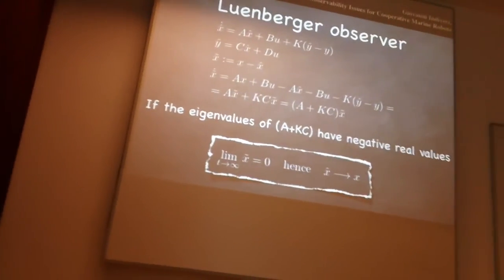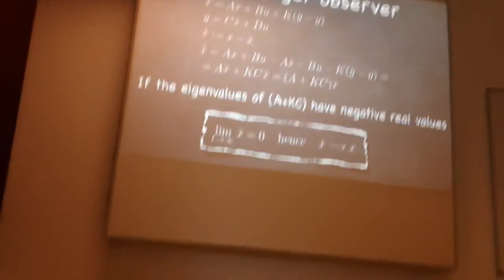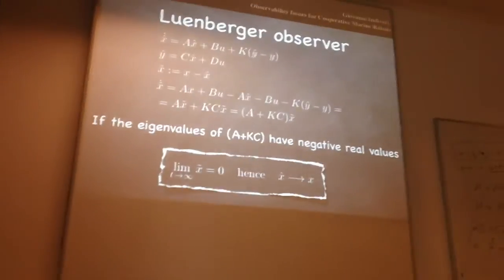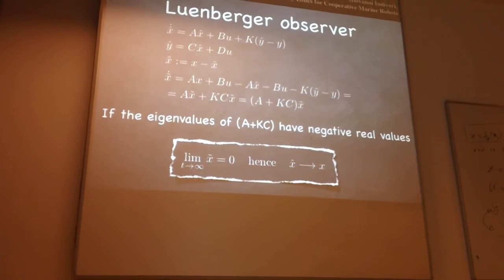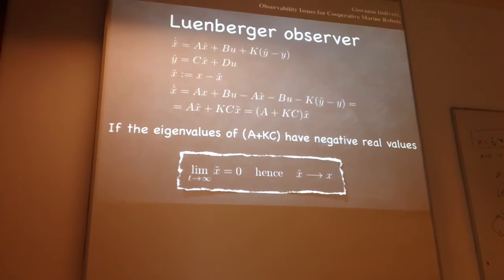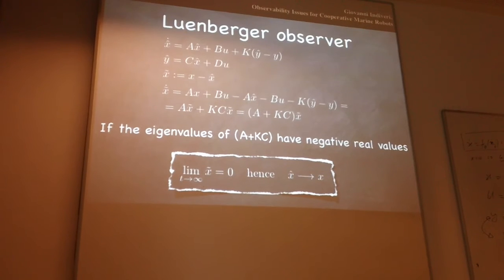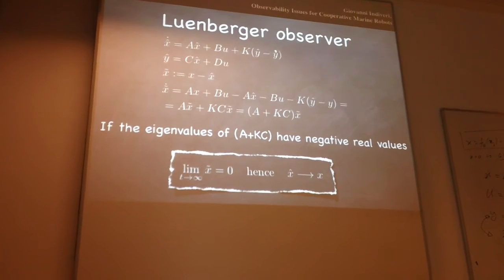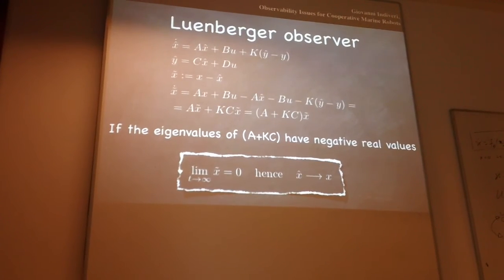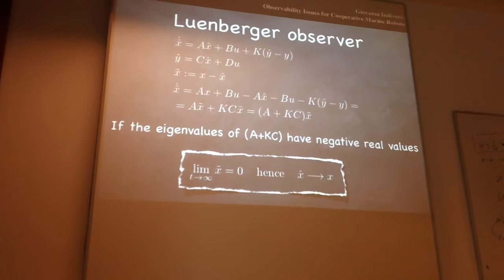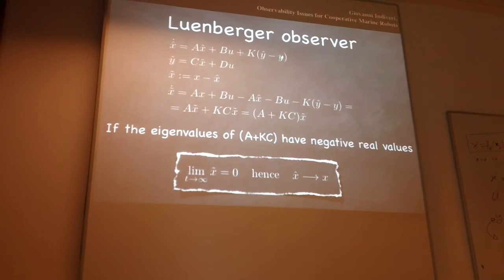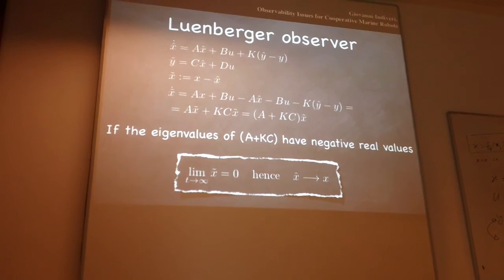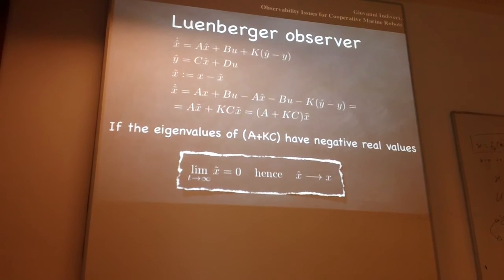So what happens is that if you do add noise, the Luenberger observer will also produce a state estimator that is affected by noise, of course, because you will inject noise through here. If Y is a measurement that includes noise, I will get noise in my state estimate because I have noise here, right?